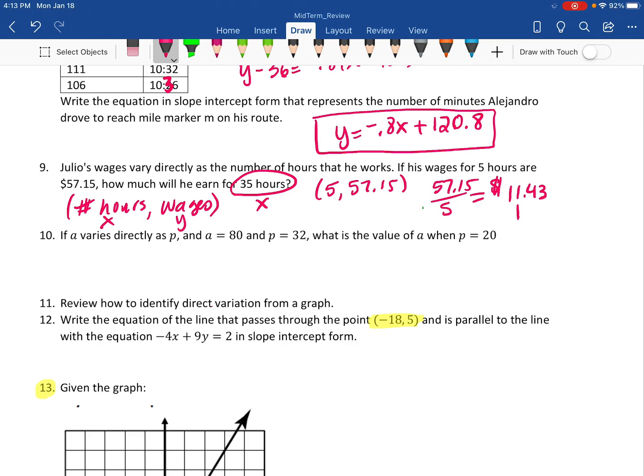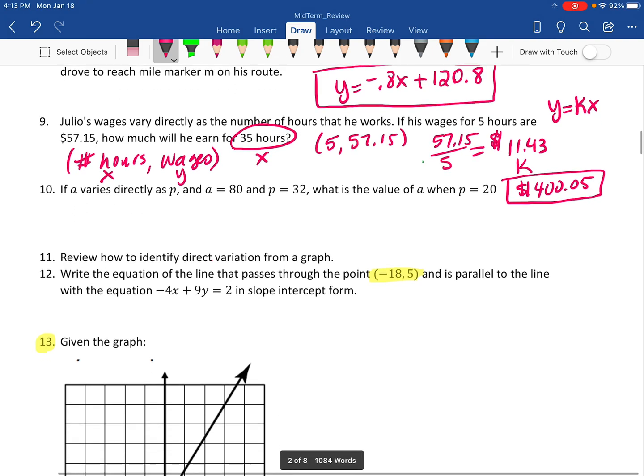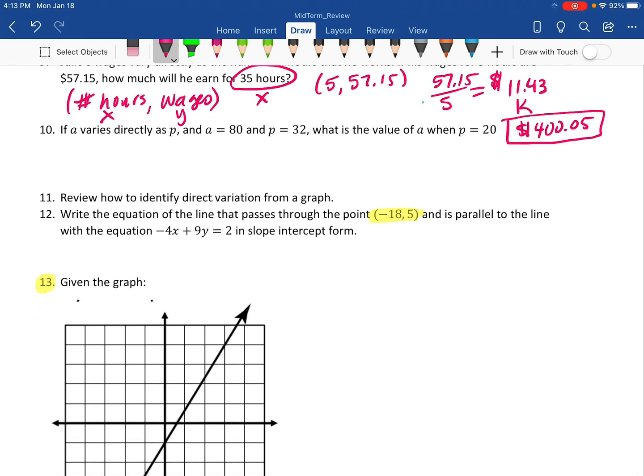Think about what the K value is and how it's related to the X in our direct variation equation, which is y equals kx. We're multiplying those values. So all I need to do here is take that 11.43 and multiply it by 35 hours, and that's going to give me $400.05.